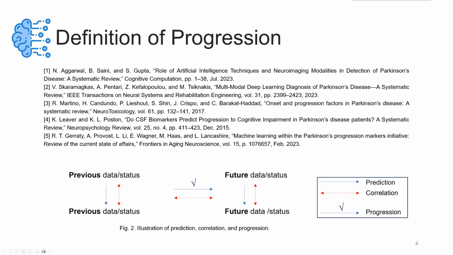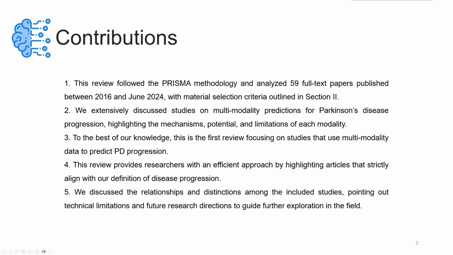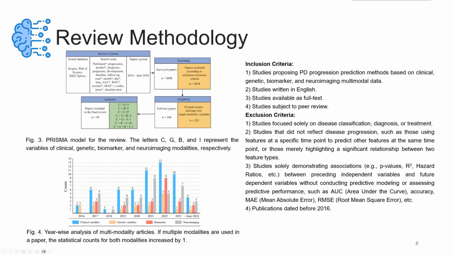This review follows the PRISMA methodology and analyzes 59 studies on multimodality predictions for Parkinson's disease progression. It highlights key mechanisms, potential, limitations, and future research directions to guide further exploration in the field. This review excluded studies focused only on disease classification, diagnosis, or treatment.